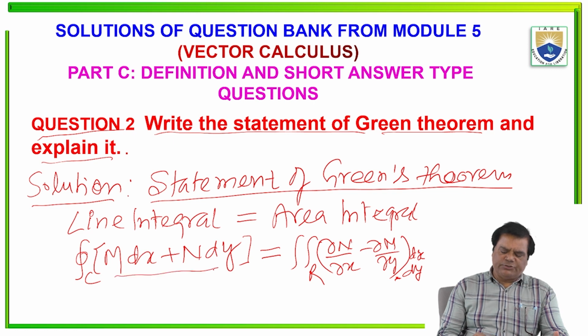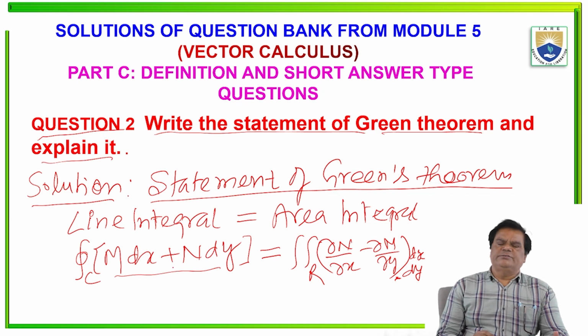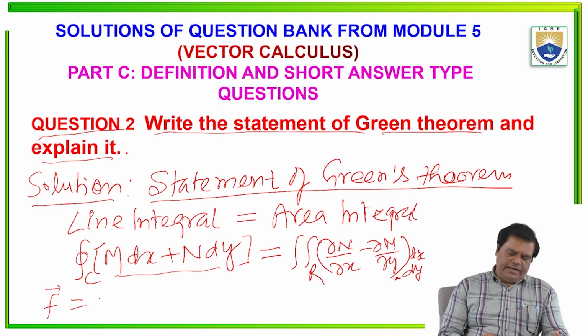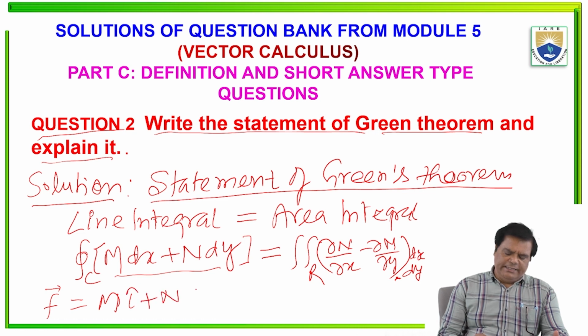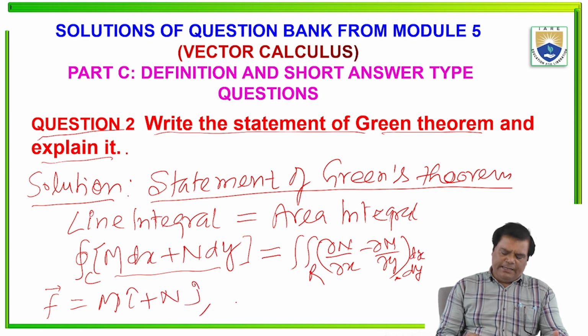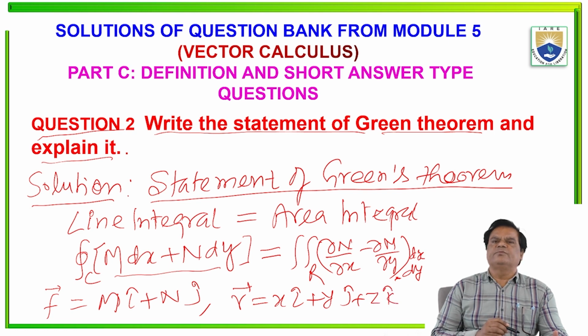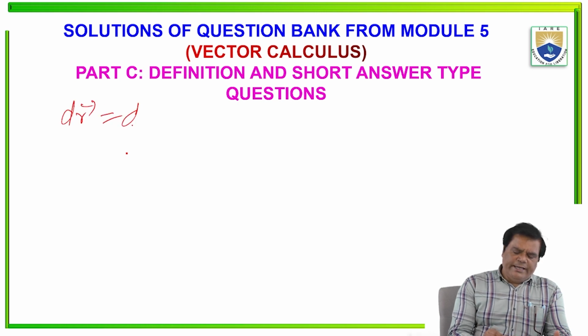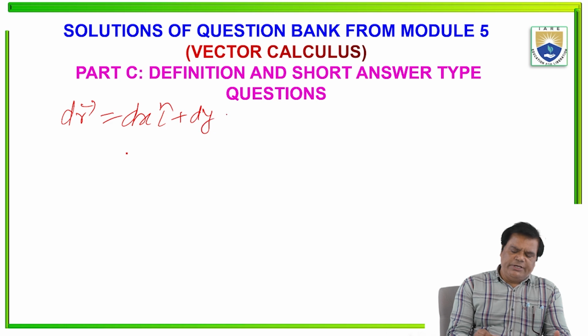Here is the line integral. In this theorem, f is a vector point function, m i cap plus n j cap, and our vector point function is xi plus yj plus zk. So now dr vector is dxi plus dyj plus dzk.